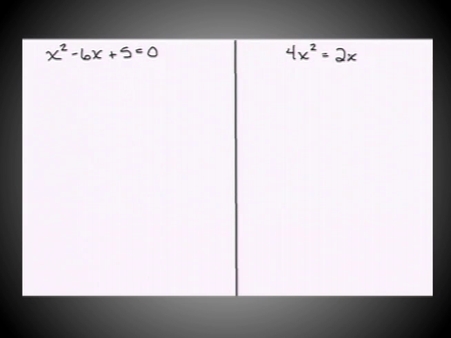Negative 6 is b, going with the x term. And our constant term here is 5. So we'll go ahead and proceed through the other steps of this process. The second step is to factor the polynomial side of the equation. Well, using our methods for factoring trinomials, we'll start out by asking ourselves, what are the factors of 5 that multiply?